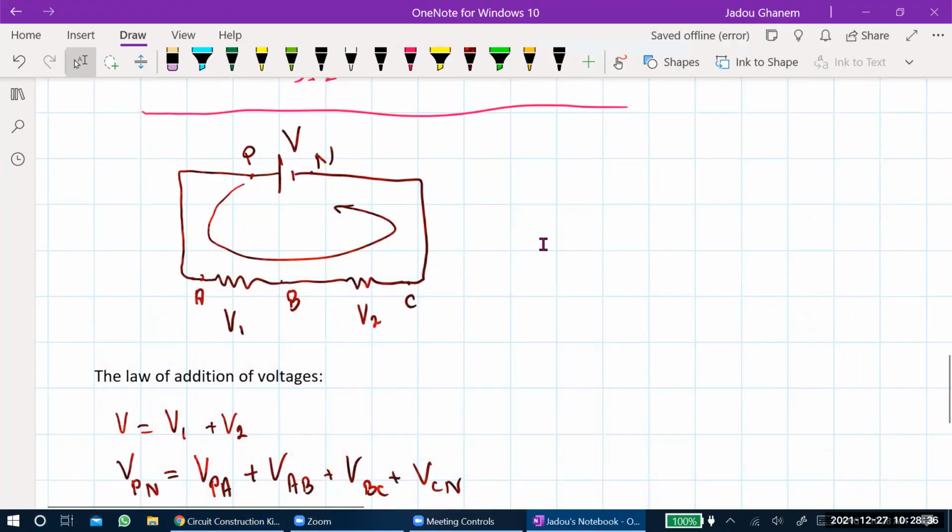So here the PA and CN, they are connecting wires. So this one is 0, and CN is also 0 volts. Is that clear? So the remaining part will be VPN equal VAB plus VBC.